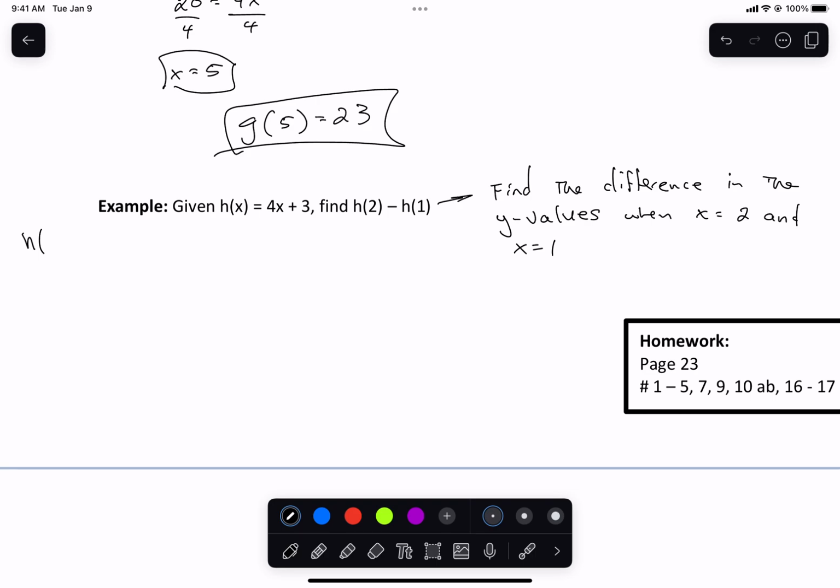Do it in stages. Okay, so we can go h of 2 is going to equal 4 times 2 plus 3. Well, that's 8 plus 3, which is equal to 11, right? So h of 2 is equal to 11.